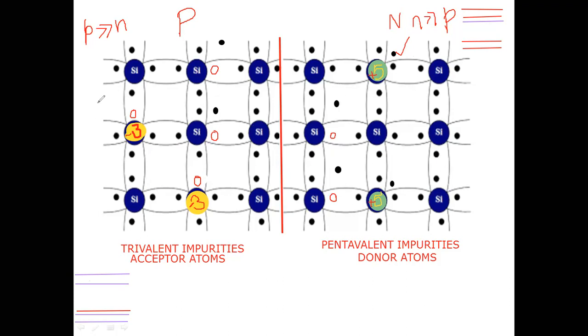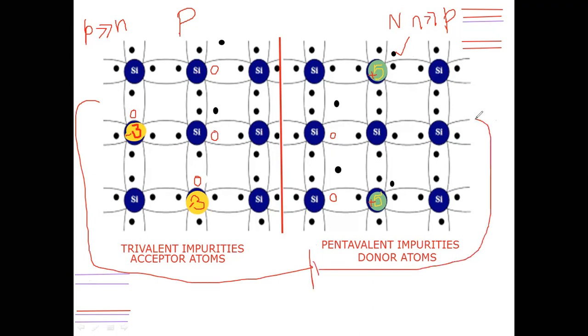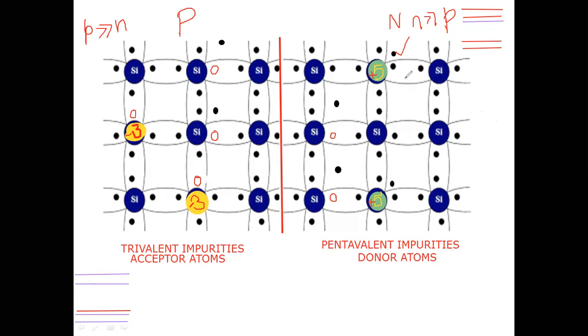See here, I am not applying any voltage source here. Voltage source is 0 now. Even then, the charge carriers move from high concentration area to low concentration area by a process called diffusion.